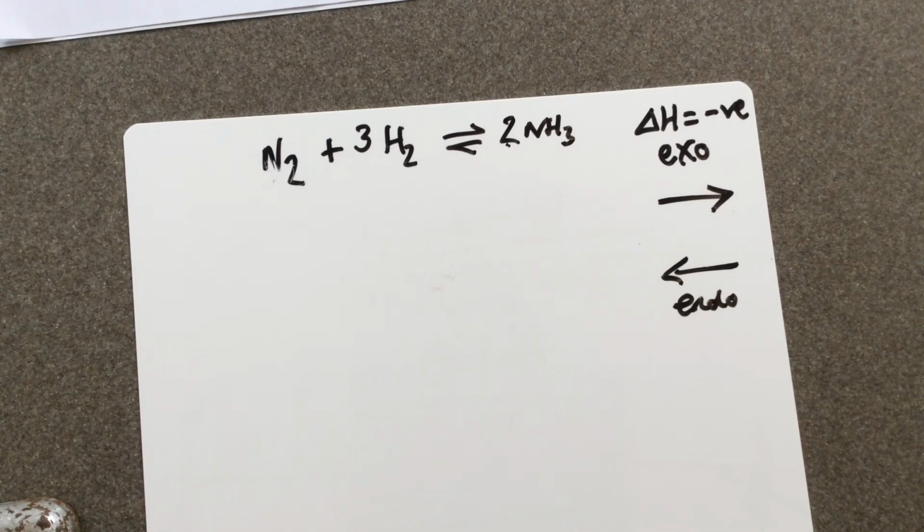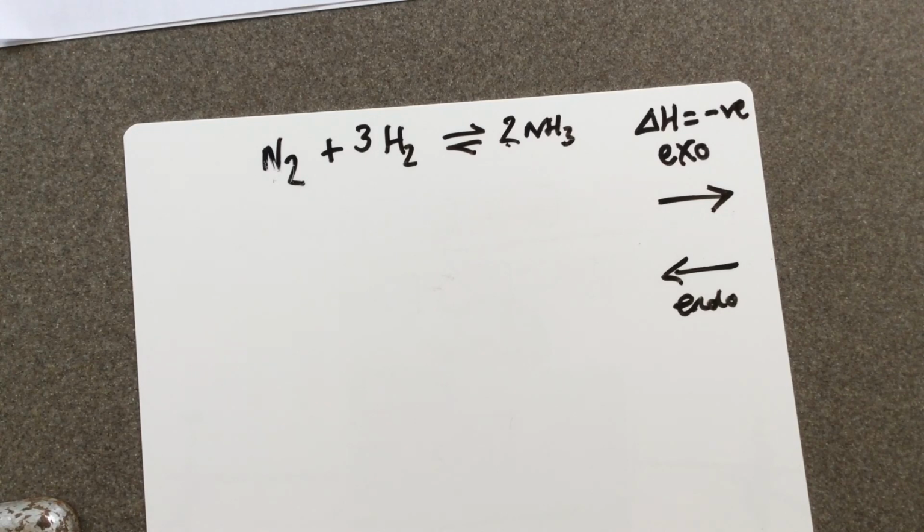Now, what's going to happen if you use a catalyst? Well, again, let's think about what we mean by a catalyst. We know there are two types of catalyst, heterogeneous and homogeneous. A heterogeneous catalyst is one which is in a different state to the reactants.